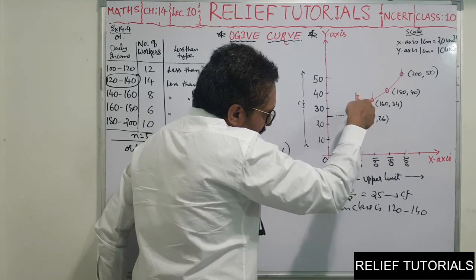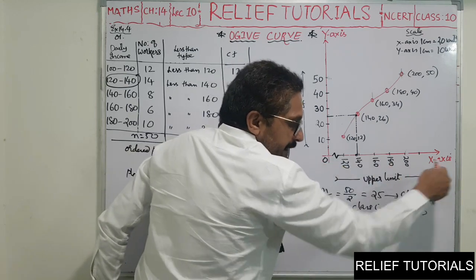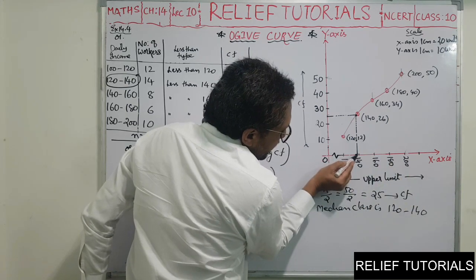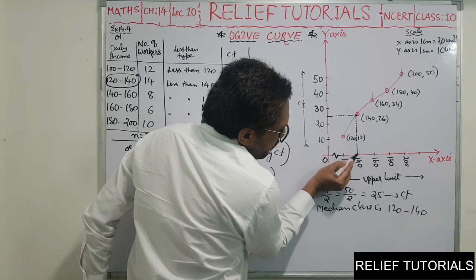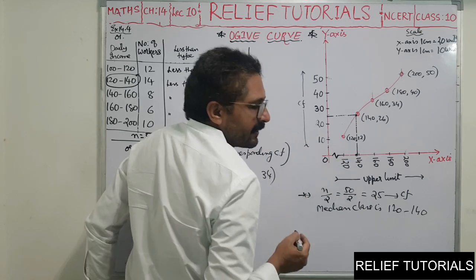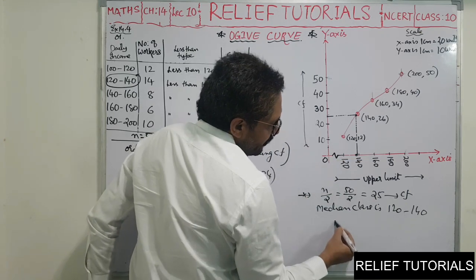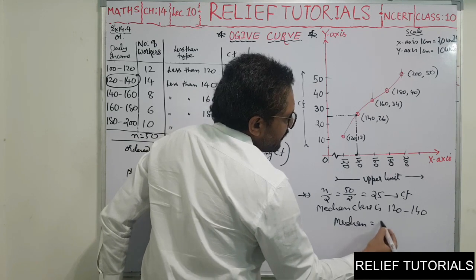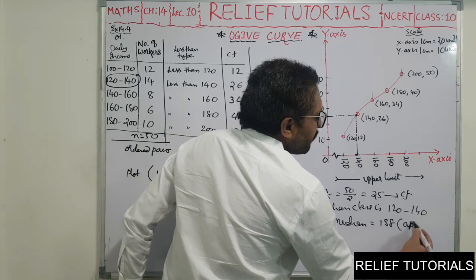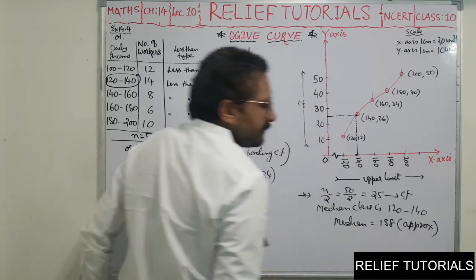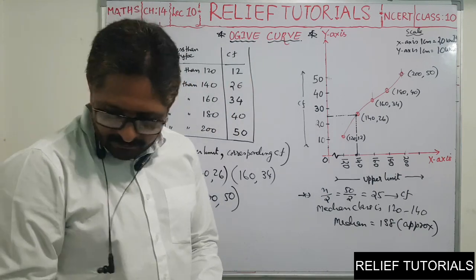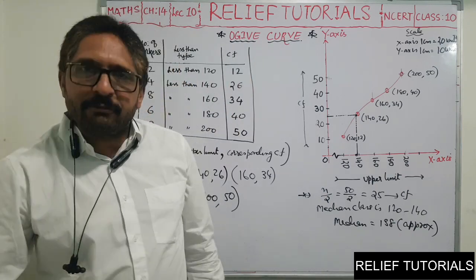From that point you have drawn a line perpendicular to the x-axis which will intersect the x-axis at that particular point, and I think it will be approximately 138. How much? 138. So you can say median is equal to 138, but that will be an approximate value. Clear? So in this way, from the graph you can find the median.